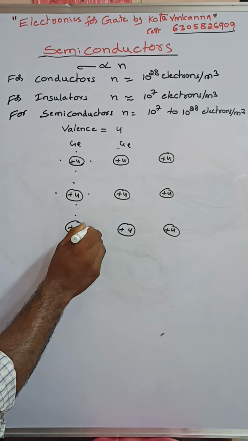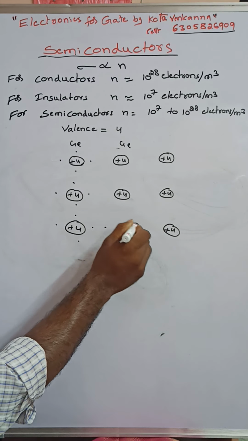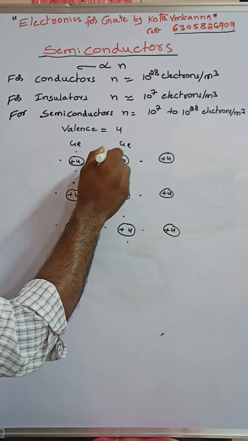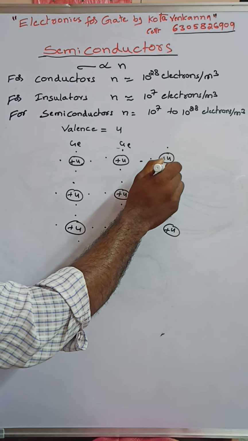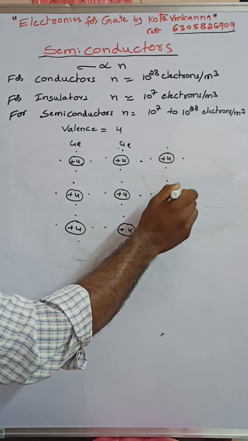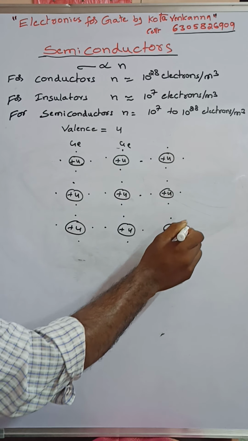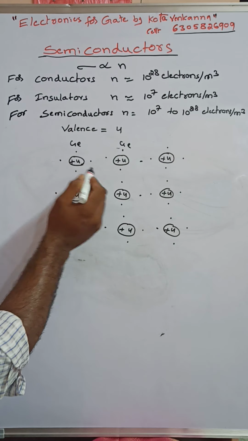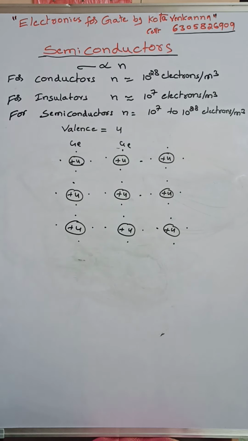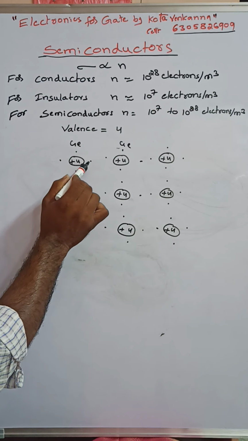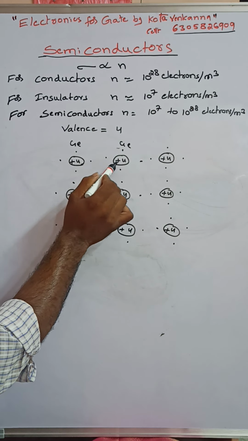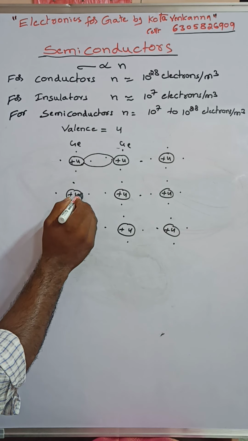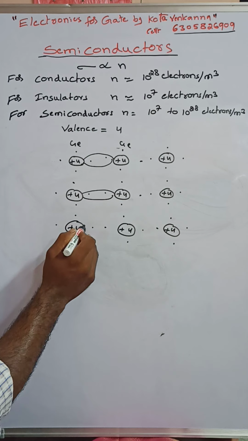The valence electrons of this atom and the neighboring atoms are combined with a covalent bond.